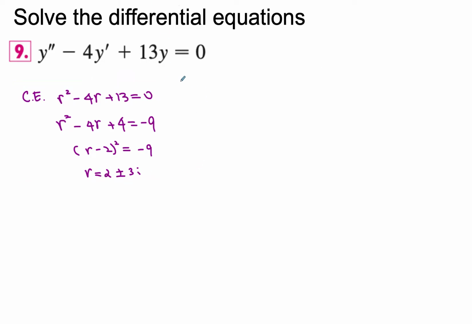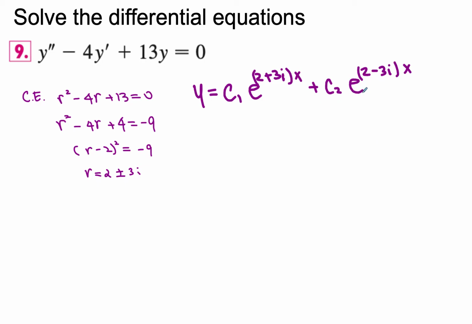Then what we end up getting is y equals c1 e to the (2 plus 3i)x, and then the second one will be plus c sub 2 e to the (2 minus 3i)x.